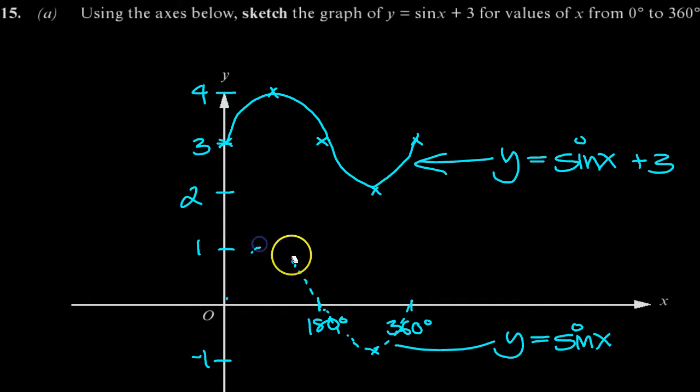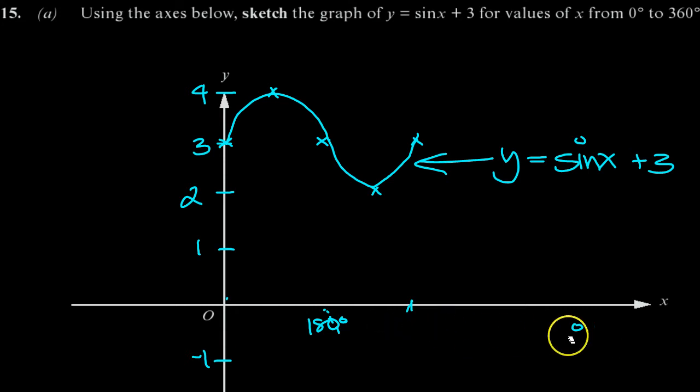We could have used a pencil here just to get the information, and then we can just remove all this stuff and then put in the points again. That was 180, this was 360, this was 270 of course, and this one was 90 degrees.